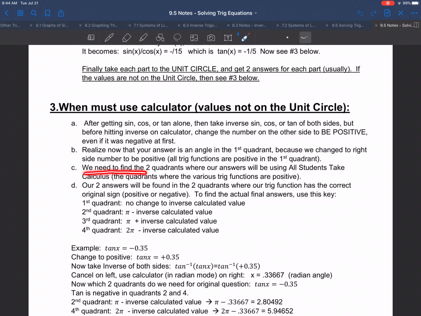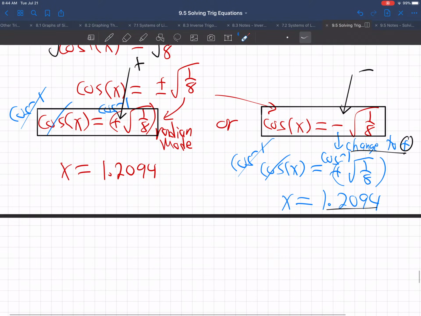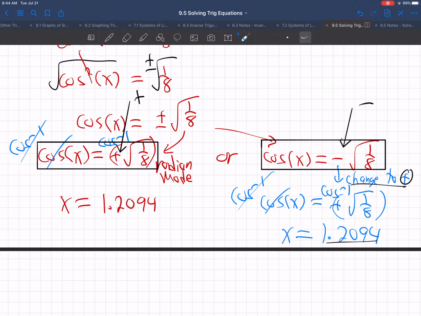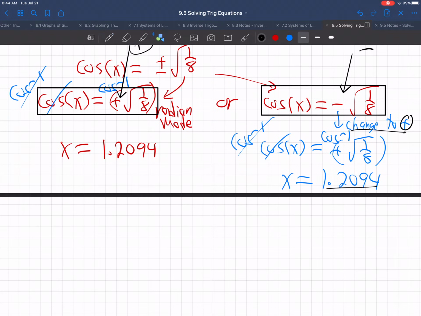So next is we need to find the two quadrants where our answer will be using all students take calculus with the quadrants where they're positive. And then use these formulas depending on the two quadrants you need. So in other words, this original question right here was positive. So we're talking about which two quadrants.